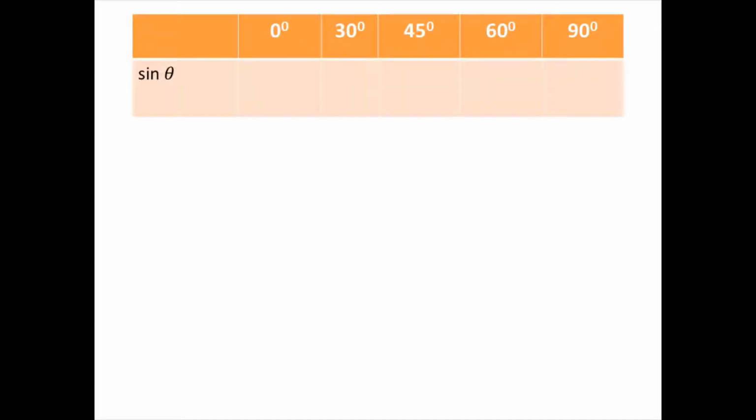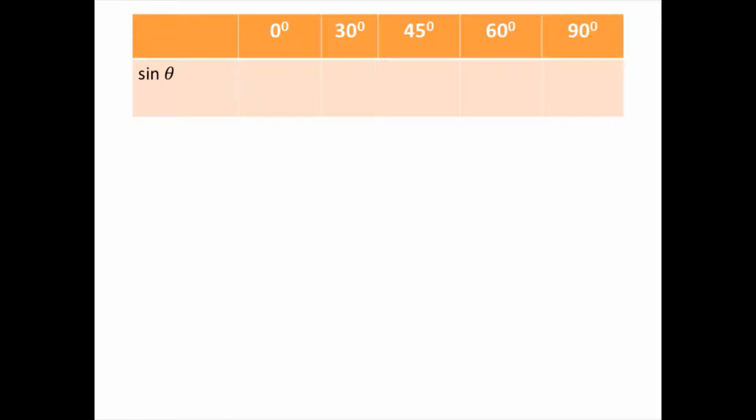So the first is sine theta. In place of theta we assign 0, 30, 45, 60 degree and 90 degree. So we have to remember these values: sine 0 degree value, sine 30 degree value, sine 45 degree value, sine 60 degree value and sine 90 degree value.